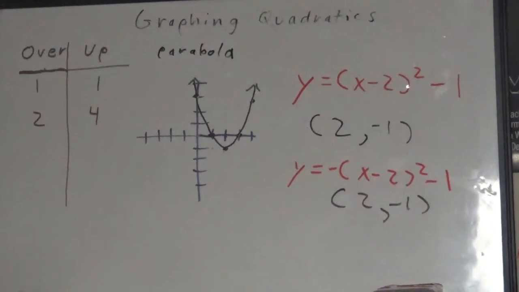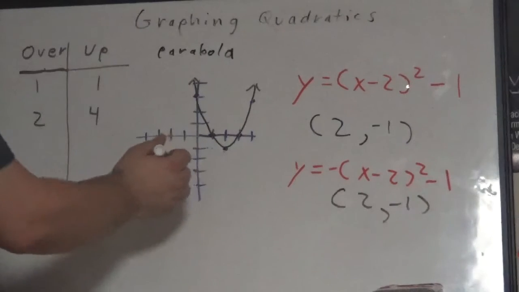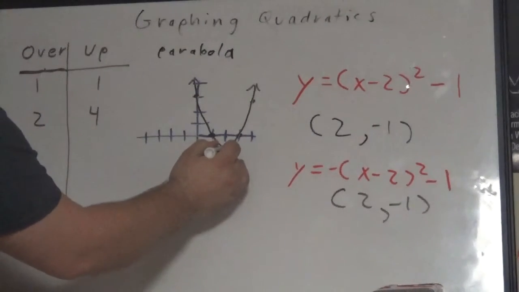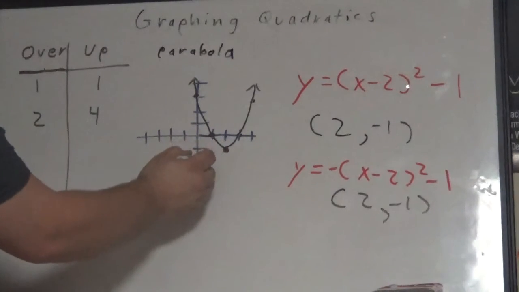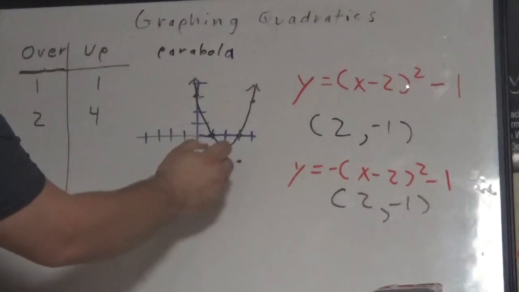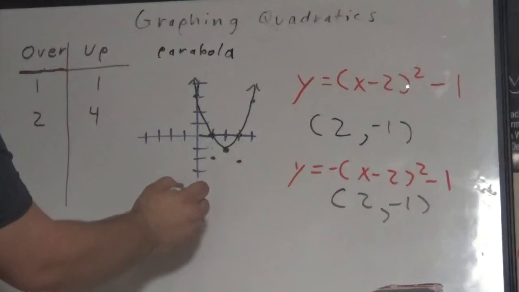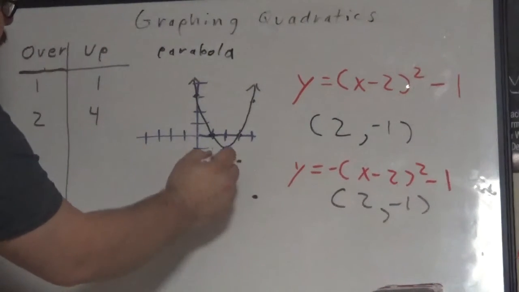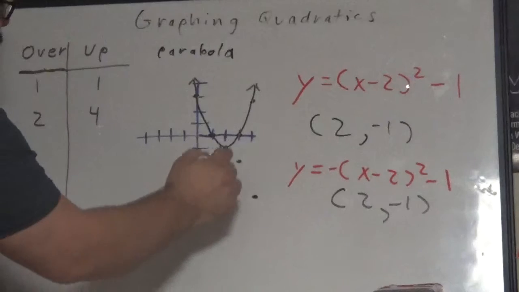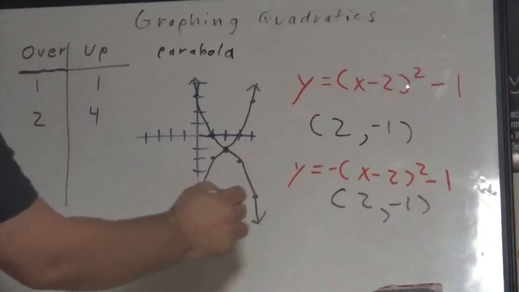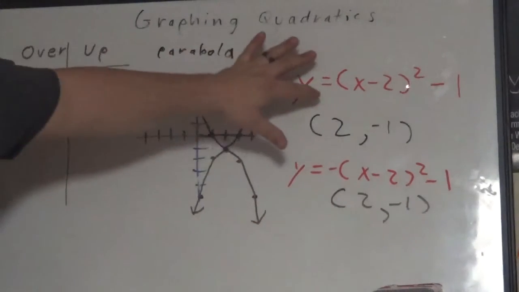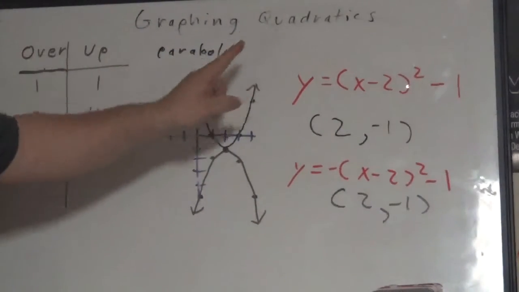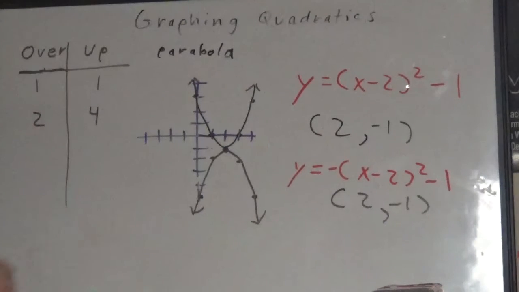I don't think I need to go back through how to find it. So the vertex again is going to be at 2 and -1. Only now, because it's a negative, we're going to go down 1 and down 2. You'll see it's going to be just the opposite. So if it's a positive equation, we're going to graph going upward, and if it's negative, we're going down.